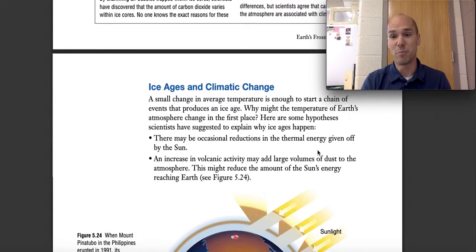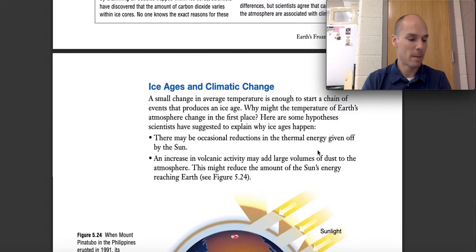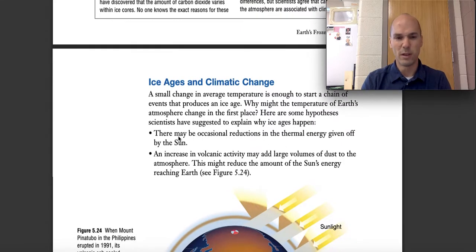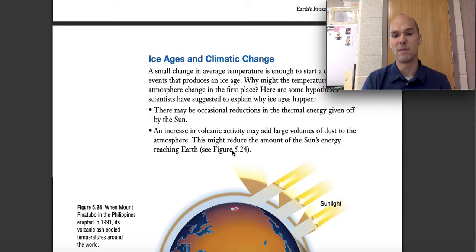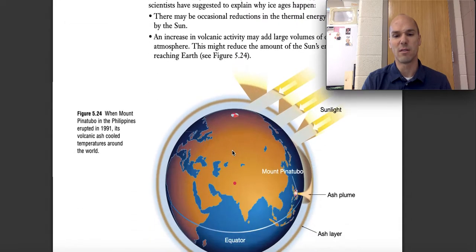So there are 5 points, possible reasons why ice ages occurred. The first point, there may be occasional reductions in the thermal energy given off by the sun. An increase in volcanic activity may add large volumes of dust to the atmosphere. This might reduce the amount of the sun's energy reaching the Earth.